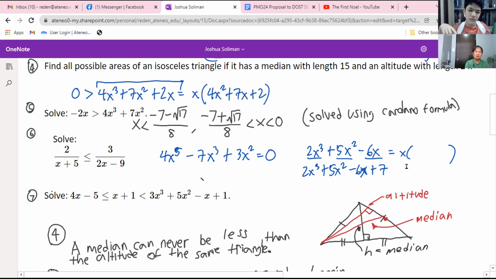But we also have to appreciate situations like this where those are not necessary, because these three terms all have a common factor, x squared. So you end up with 4x cubed minus 7x plus 3 equal to 0.